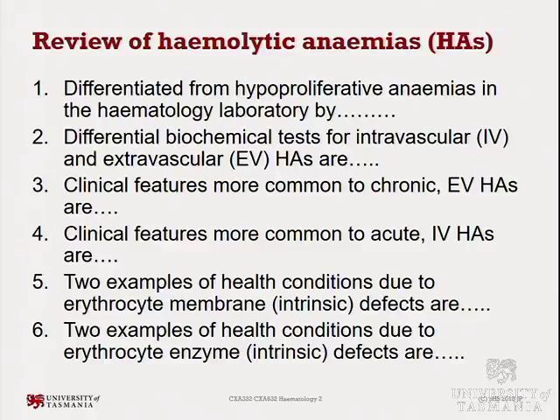Whereas intravascular hemolysis is nearly always acute, and so jaundice will develop, but it takes 2 or 3 days to develop after the episode has started. Okay? So that's another thing for you to keep in mind. So clinical features that are more common to chronic extravascular hemolytic anemias are things like splenomegaly, they're things like gallstones, because again it is a chronic condition.